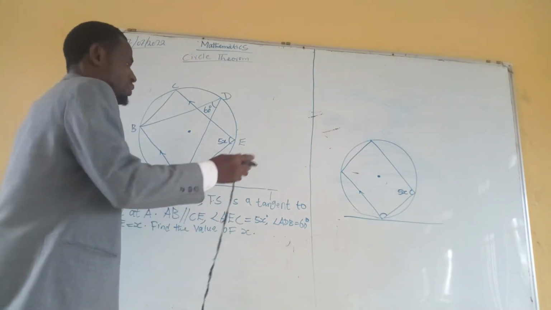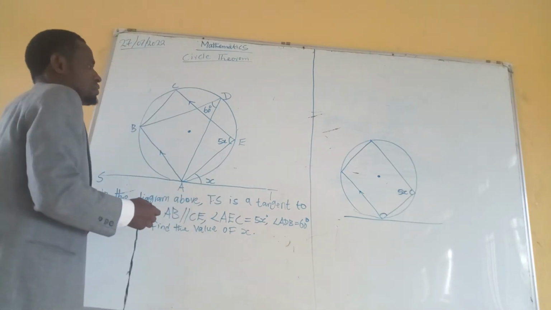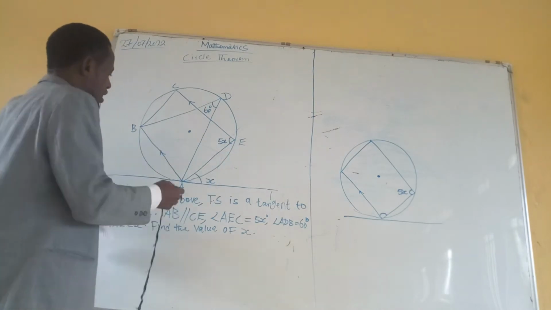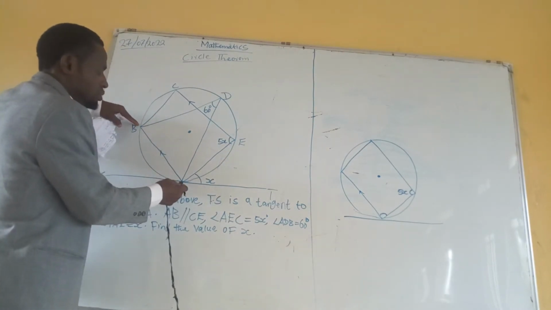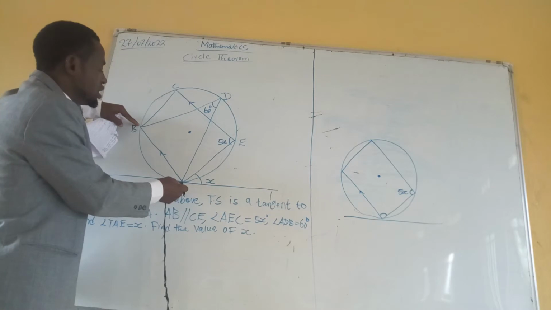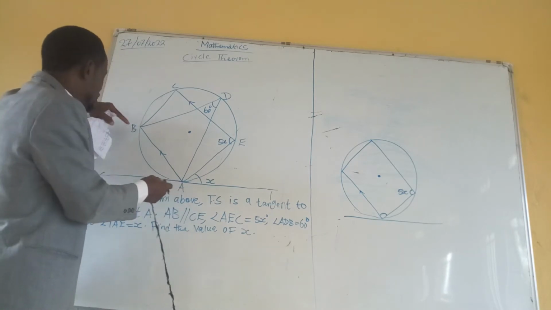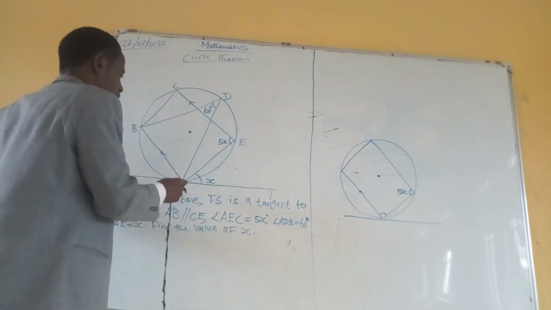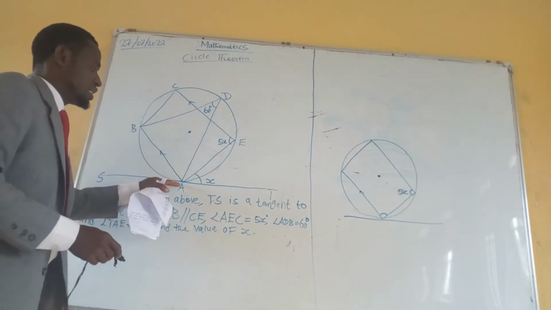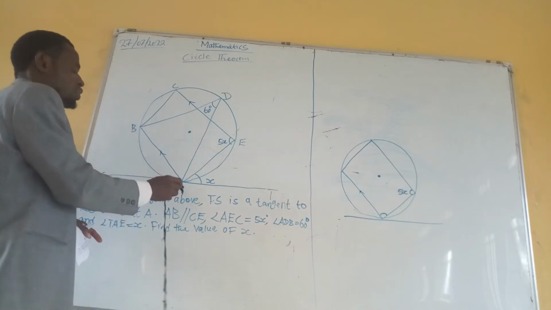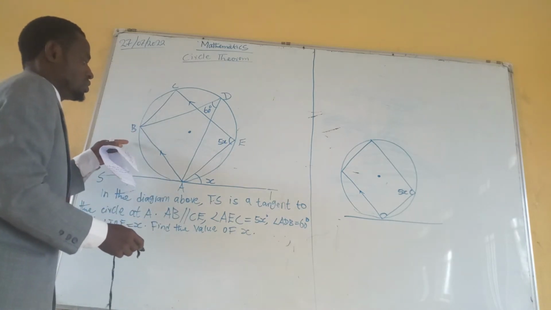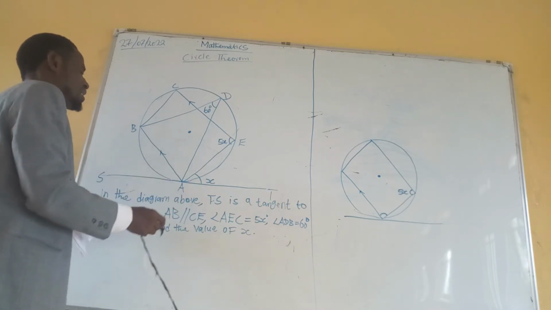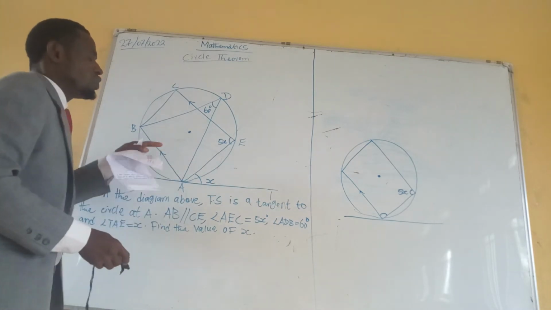Let me bring to your notice that there is a theorem called angle in the alternate segment. Can you look at this segment? This is a chord. There is a theorem that if a line is tangent to a circle, and at the point of tangency a chord is drawn, the angle that the chord makes with the tangent is equal to the angle in the alternate segment.